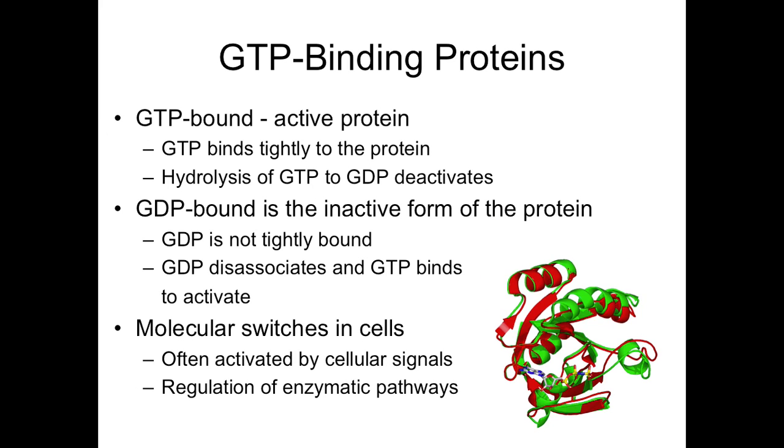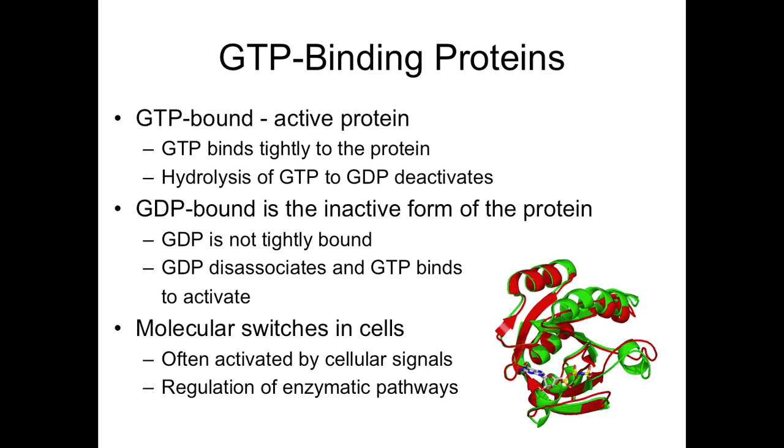Another common way is the GTP binding cycle. Now, proteins that are GTP binding proteins will be active when they are bound to GTP, and they will be inactive when they're bound to GDP. Okay? So there'll be a molecule that activates these proteins, it'll change the conformation of the protein and encourage the GDP in the binding site to leave.